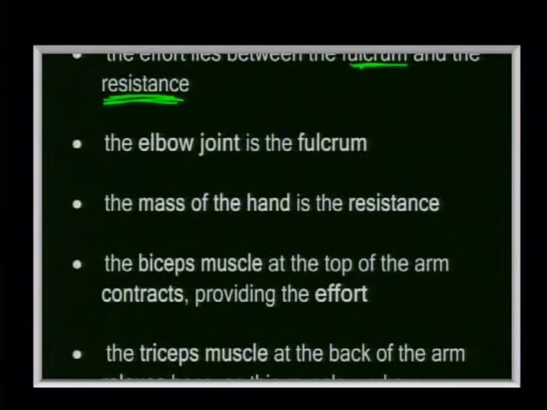So the elbow joint is the fulcrum. The mass in the hand is the resistance, and your biceps muscle must now contract. And because it must work, where there's any work, it is the effort. So this is where the effort is. So this is the fulcrum, effort, and my resistance is in the front.